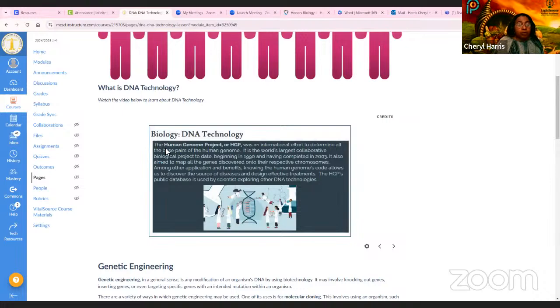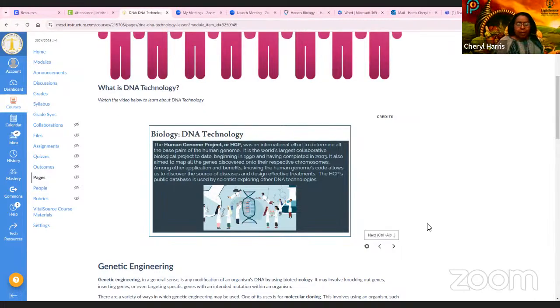One of the big projects is the Human Genome Project, which has actually gone through and mapped out all the possible genes that are in a human being. And they have studied them, and they use this project so that they can make these manipulative gene switches that you saw in the first one, recombinant DNA.